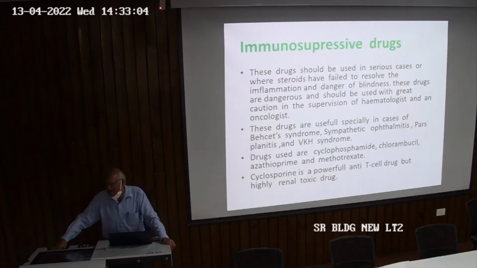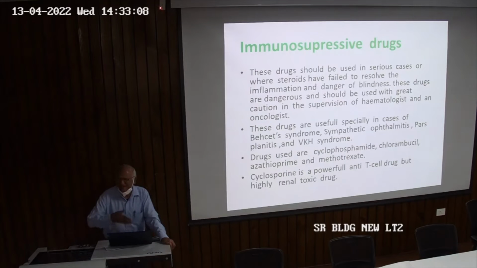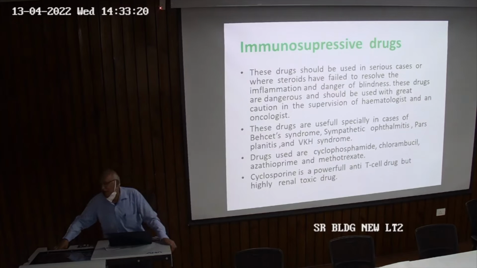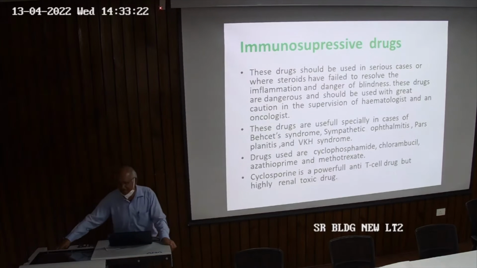Not in every case. Suppose there is a granulomatous tuberculosis case, these are not to be started. We start them in special cases, or whenever steroids and cyclophosphamide are not responding. But with great precaution, with the help of a hematologist and oncologist. So remember these names and the indications.